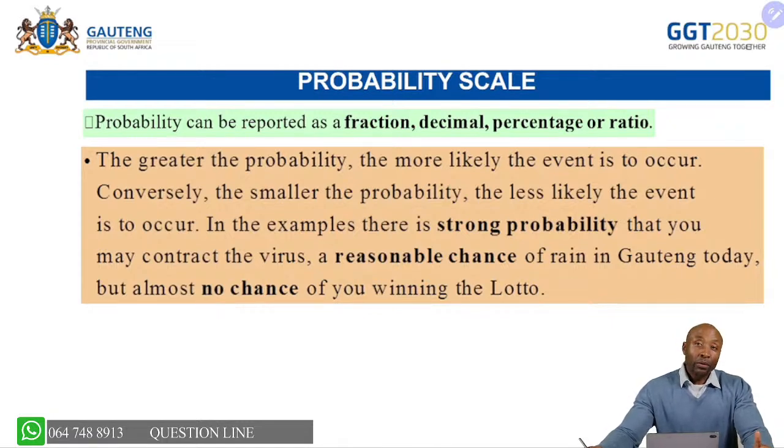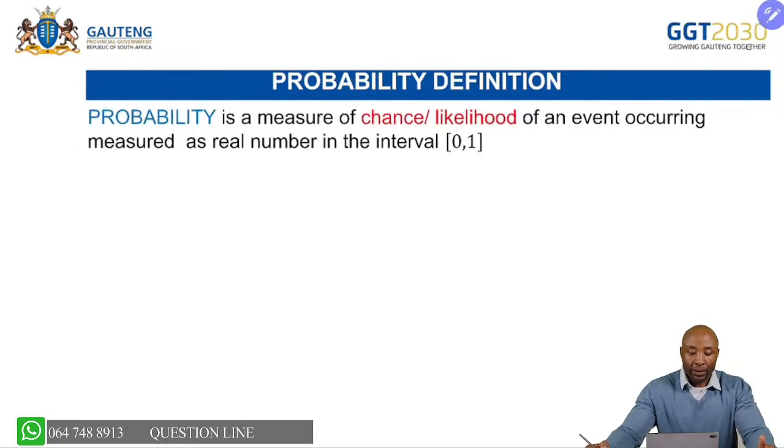And also, if you look at the chances that it is going to rain in Gauteng, we said it's a 30% chance. And for you to win a lotto, we saw that it's a 0.000007% chance. So it's very unlikely, and there is no big chance that you can win.